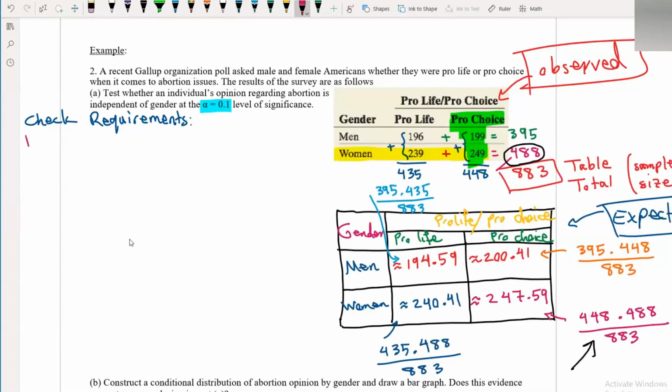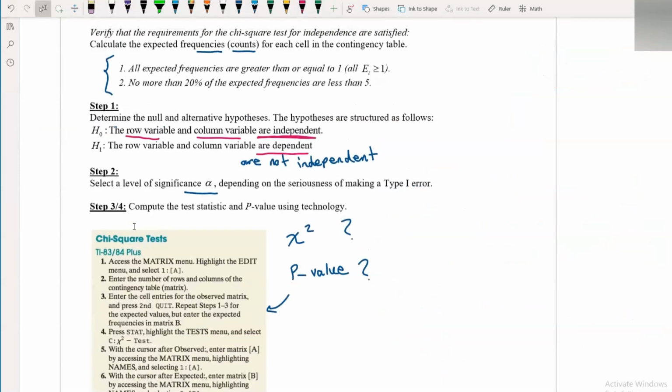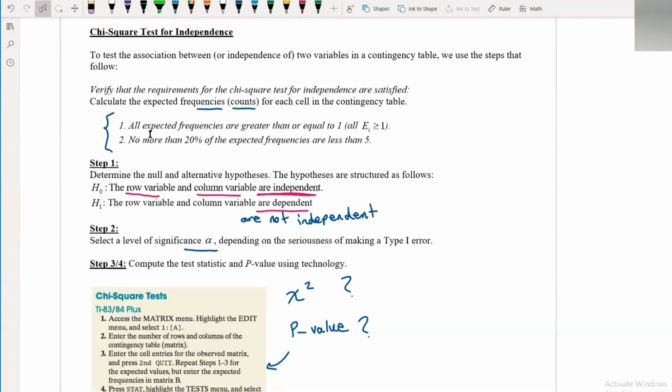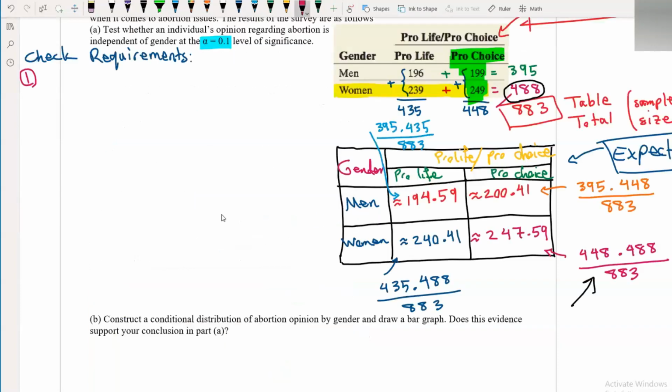Our requirements, the first one was that we should have all these greater than or equal to 1. So these are our requirements. The first one, all expected frequencies or expected counts are greater than or equal to 1. So all of these are greater than 1. So I'm going to write all expected frequencies are greater than or equal to 1.